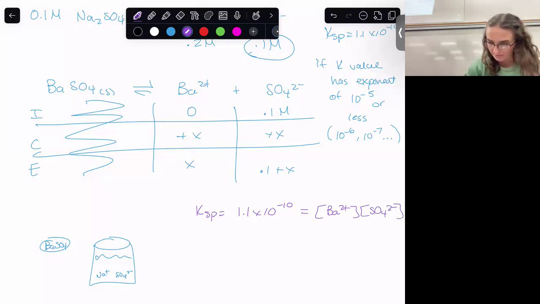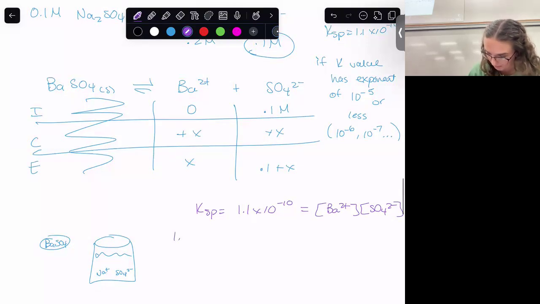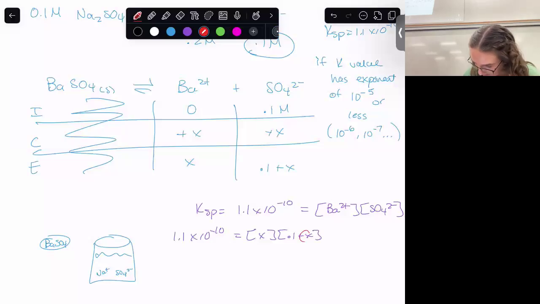At equilibrium, this is saying that 1.1 times 10 to the negative 10th is equal to x times 0.1 plus x. But we can say that this goes to 0 and is negligible because our KSP is so small, and we have so much excess sodium sulfate, or so much excess sulfate ions.